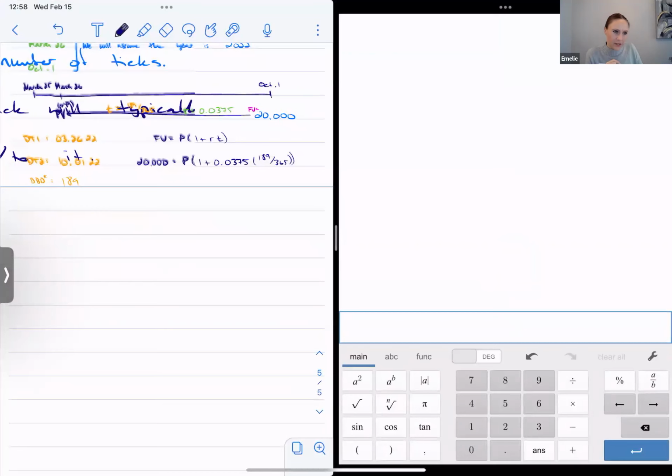I'll do the calculation. So what you can do is solve for everything in the brackets, making sure you use your brackets properly, and then divide that over by the 20,000.